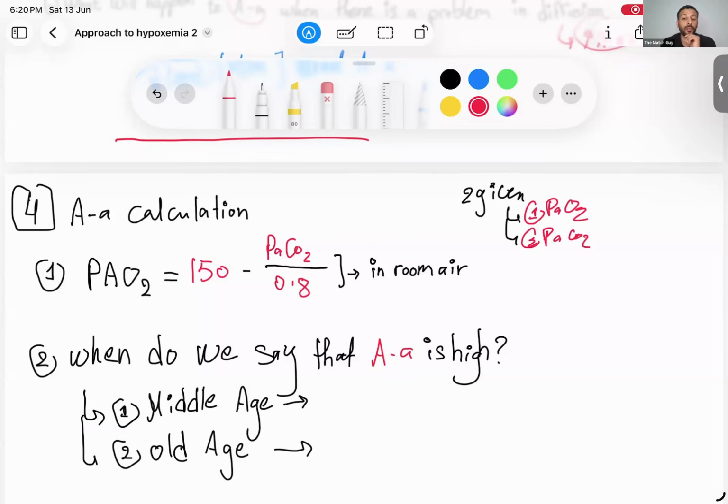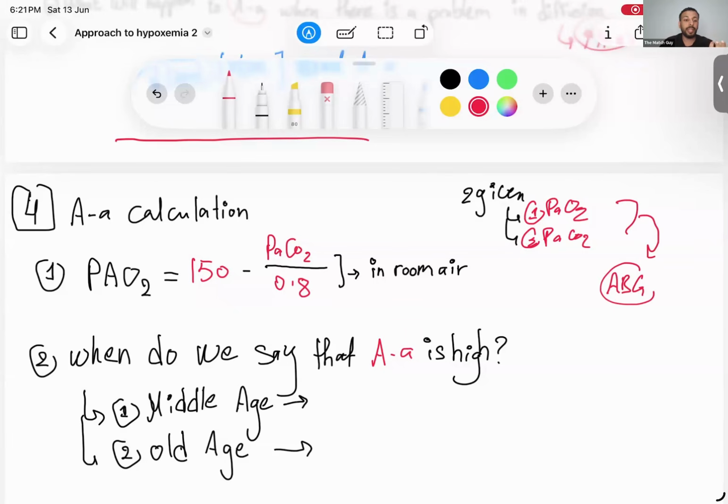It's not going to give you the partial pressure of oxygen in the alveoli because it's not measured. We get the arterial partial pressures of oxygen and CO2 from an ABG test. However, the level of oxygen in the alveoli is not normally measured.